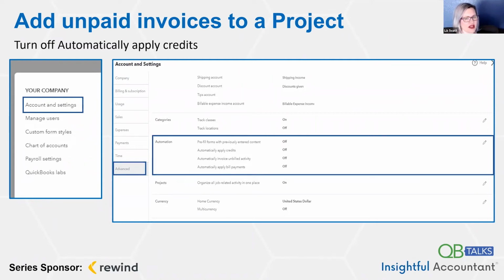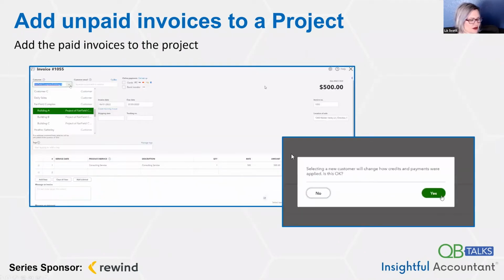It really has to be that sub customer. So if you've got the sub customer level and by creating that you accidentally broke some of your links, you may want to turn off this automation so that you don't have credits that try to automatically apply to the next open invoice, for example. So that's just one of those little nuggets of learn through my mistakes.